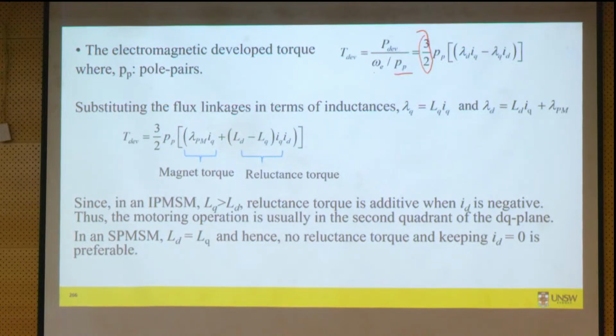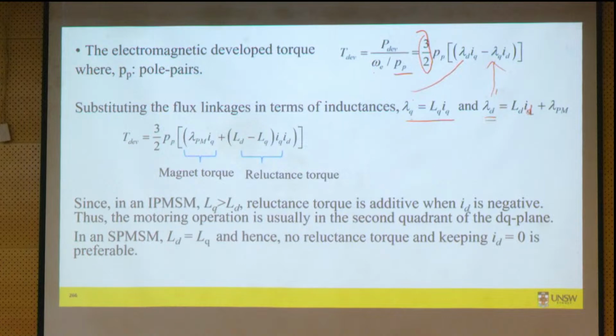If we replace our flux linkages, the q-axis flux linkage is simply the q-axis inductance times IQ current, and the d-axis flux linkage is the d-axis inductance times ID current, plus the PM flux linkage. If we replace these flux linkages in our torque equation, we get our familiar torque equation for PMSM in terms of inductances and current.